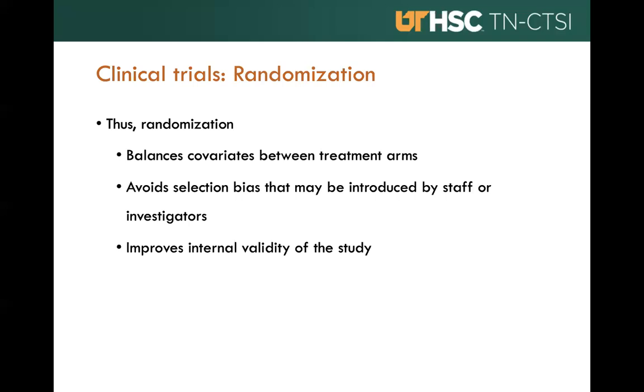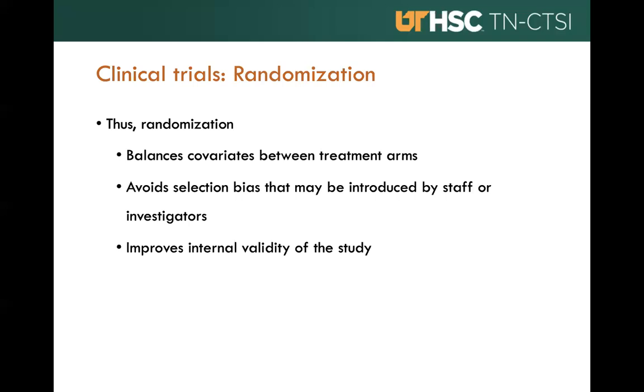Another one, randomization avoids or reduces selection bias that may be introduced by staff or the investigators. So when we say selection bias, this means if the selection of a next participant when assigning treatment or a placebo depends on the assignment of the previous participant, we say there is a selection bias.